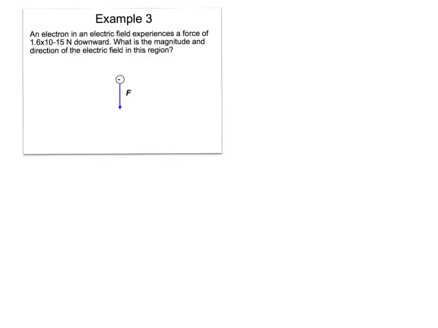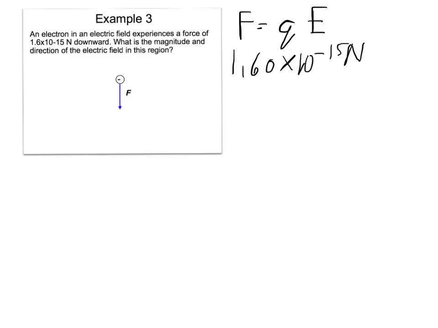To get the strength of the field, we'll just go back to the equation F equals Q times E. We know the force on it, 1.60 times 10 to the negative 15th newtons. That's our force. We don't know the strength of the electric field. That's what we're finding. We know the charge, since this is an electron, 1.60 times 10 to the negative 19th coulombs.